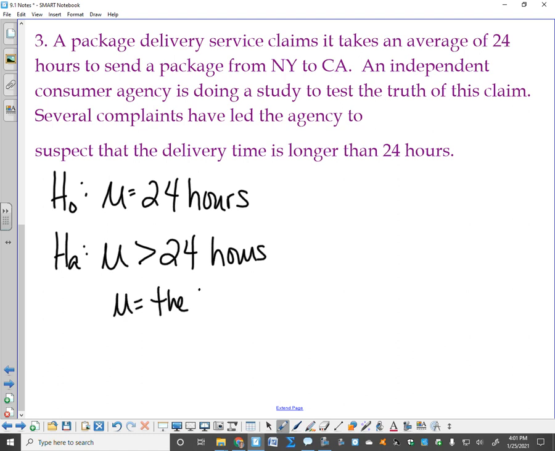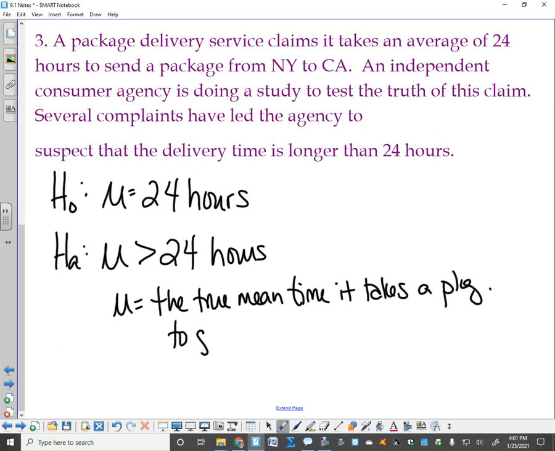Mu is the true mean time it takes a package to get from New York to California. Okay.